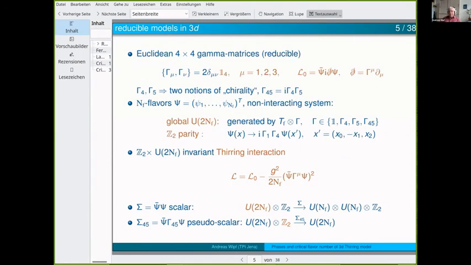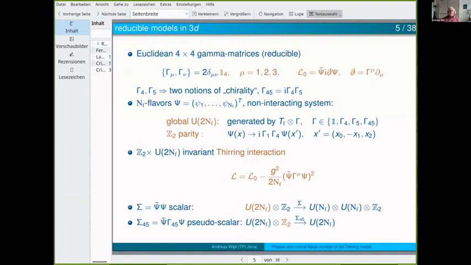Okay, so let's discuss a little bit the 2 types of model we will discuss in the following. The first, if you have 4-component Dirac spinors, they're really from a reducible representation of the 3-dimensional Lorentz group, and they naturally arise in solid state physics when you have an even number of Dirac points.